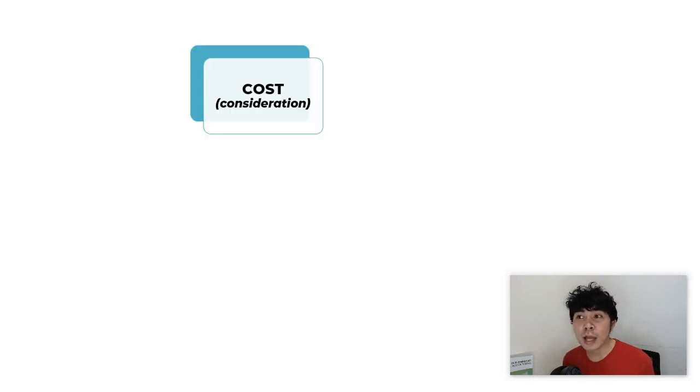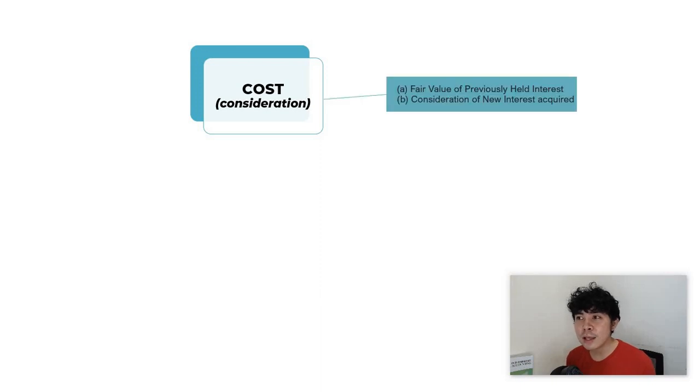So, first, dun muna tayo mag-focus sa pinangbayad natin. And again, yung pinangbayad natin is what we call our cost or consideration. So, ano ba yung composition ng ating cost or consideration? Ang composition niyan is the fair value of the previously held interest. In our case, dahil tayo ay nagkaroon ng significant influence in stages, meron na tayong previously held interest. So, yung cost niya will be equal to the fair value ng previously held interest at date of reclassification, the date when we obtained significant influence.